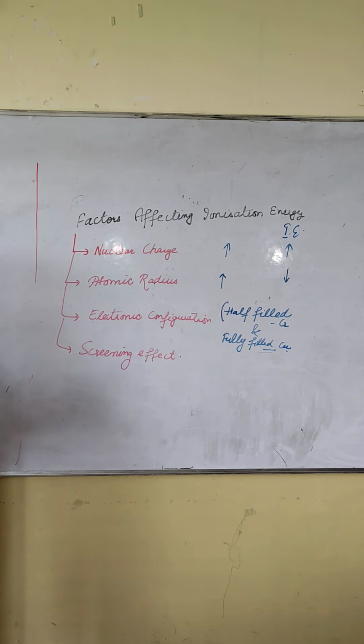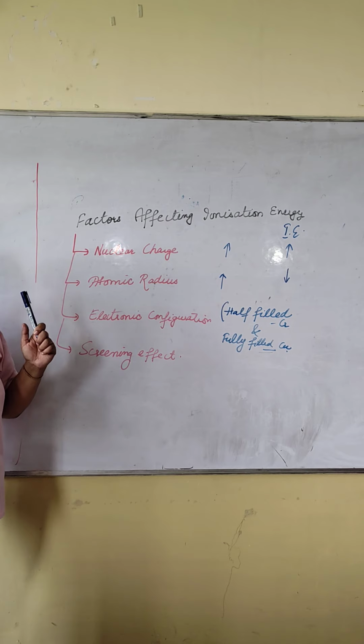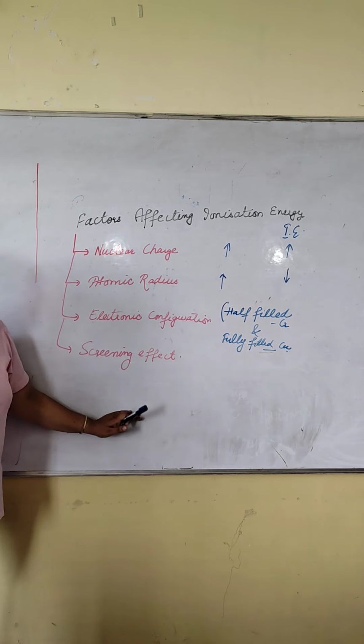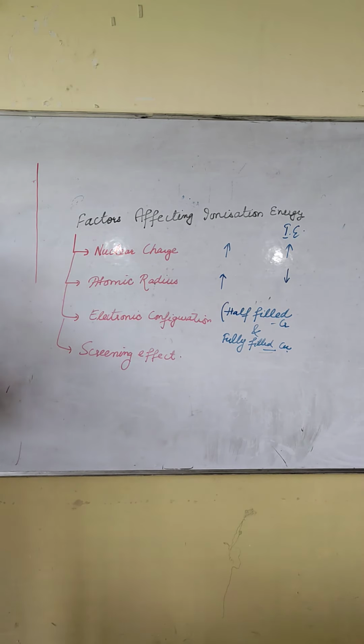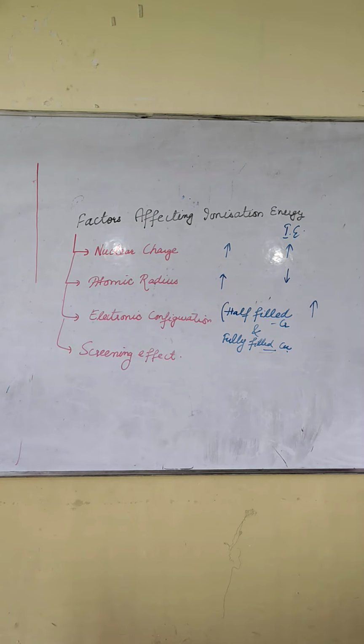If I want to break this, I am comparing this with this marker, I need less energy to break this, and I need more energy to break the lecture stand because it is more stable. Similarly, half-filled and fully filled configurations are more stable. So, in that case, more ionization energy will be required to remove the electron.